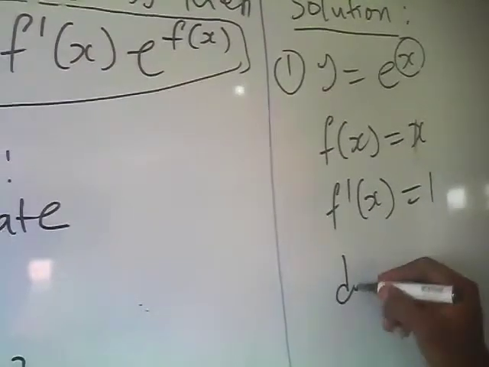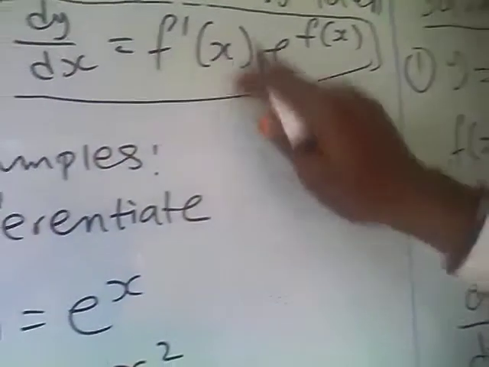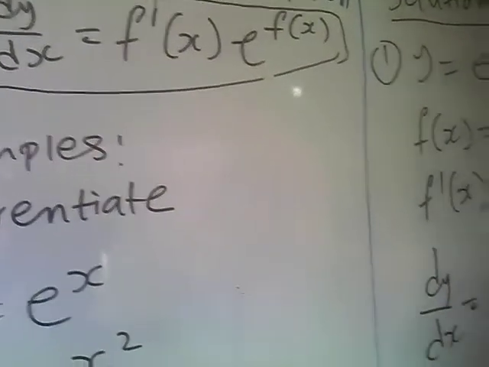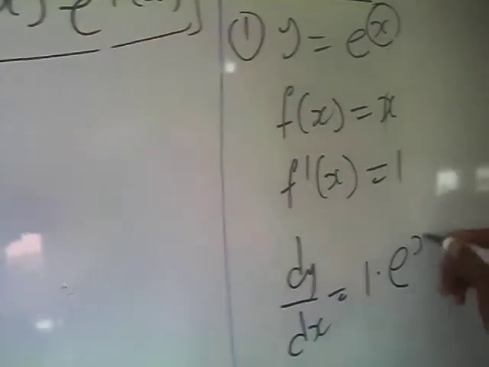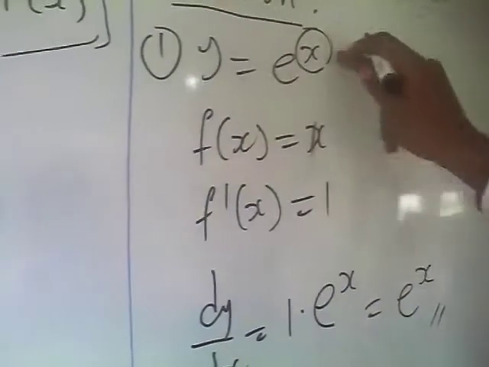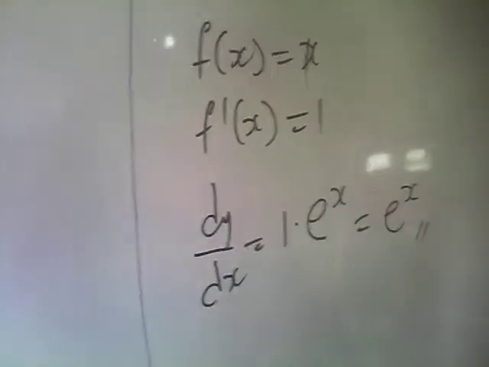Then dy/dx, using the formula at hand, is f prime of x exponential function of x. That means f prime of x, which is 1, times exponential function of x. So that is exponential x. So when we differentiate exponential x, we get exponential x. That is the solution to question 1.